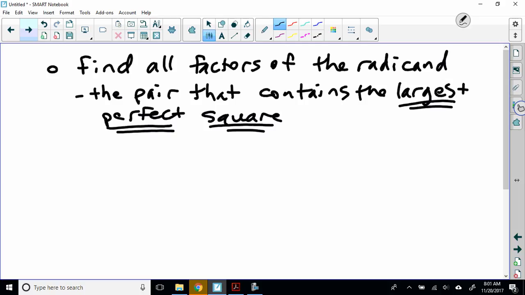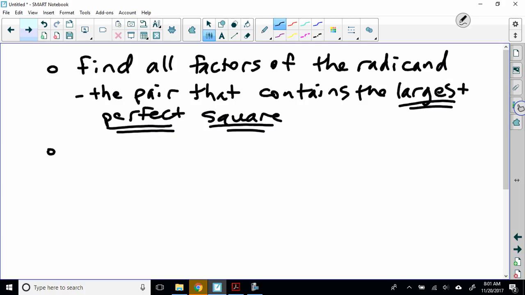So when you find the factors of the radicand, the pair that contains the largest perfect square is really what you're looking for. Once you've done that, the next step in this algorithm I'm going to share with you. I know some people like algorithms, some people hate them. But this is a really good algorithm, probably the best you'll ever see. I'm not saying that to toot my own horn, just saying this will get you the answer every time.